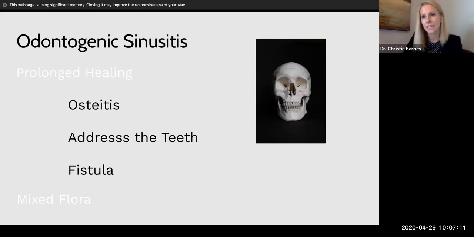And I like to highlight this as being an obvious cause for unilateral chronic sinus disease, but it has some nuances in treating it. So it's not your run-of-the-mill sinusitis that affects the entire nasal cavity. That's an inflammatory disease.